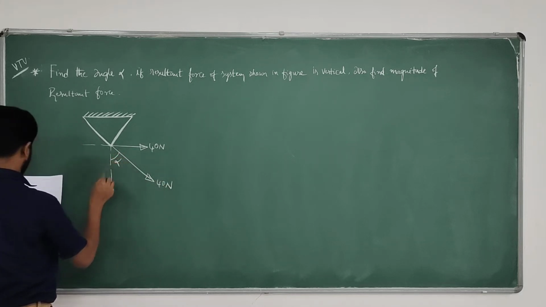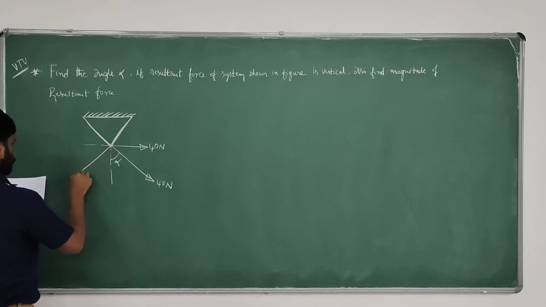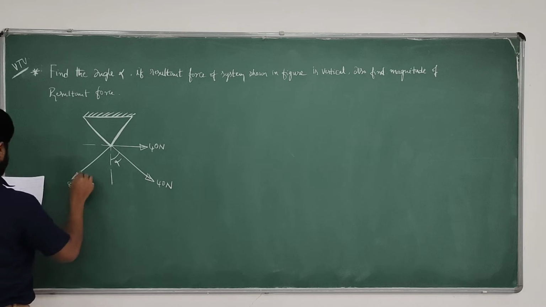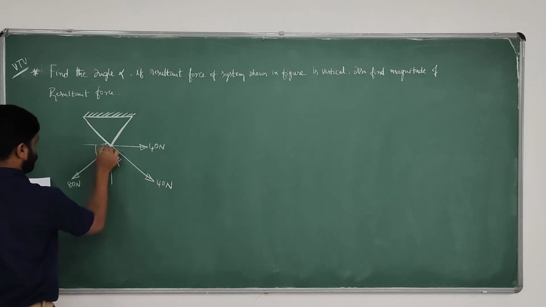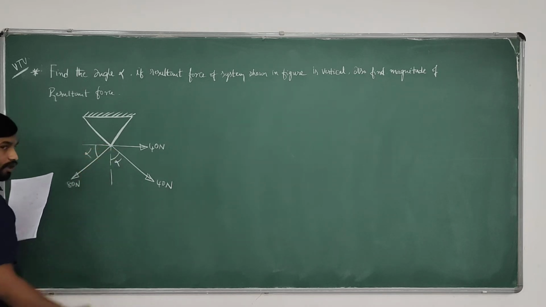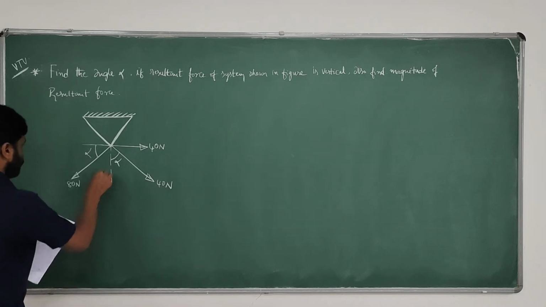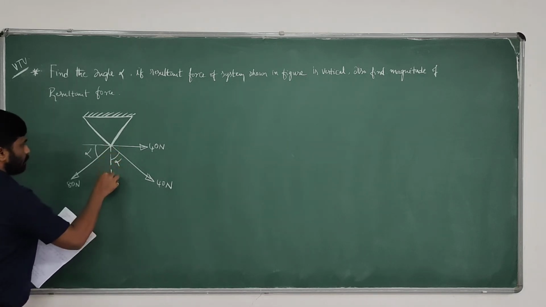This is alpha. 80 Newton. This is also alpha. So this is the given diagram.